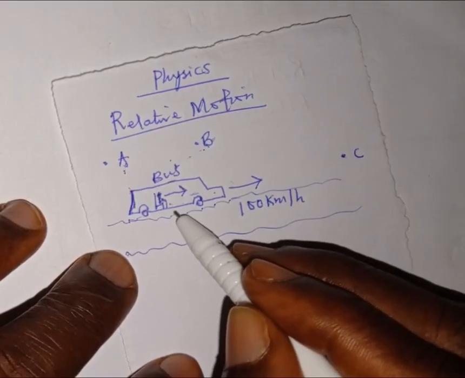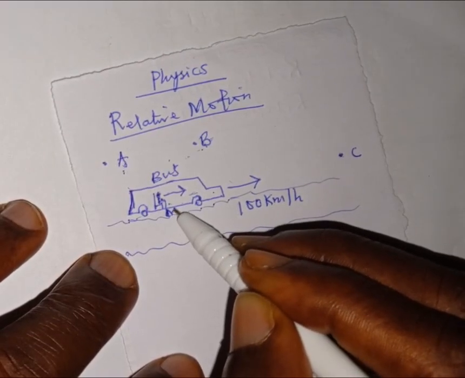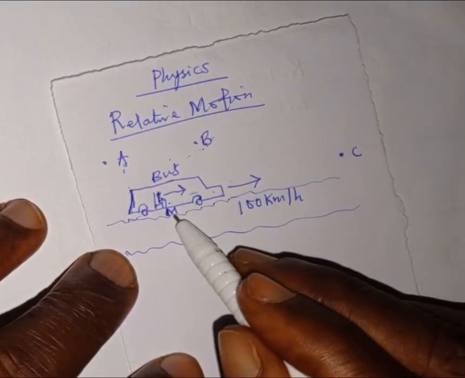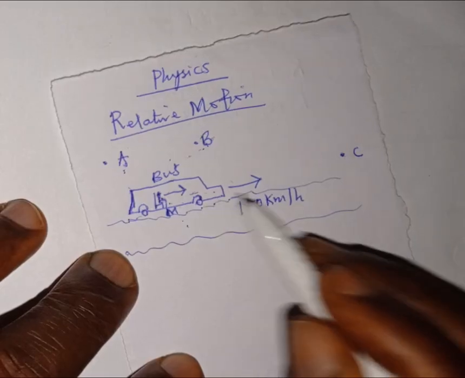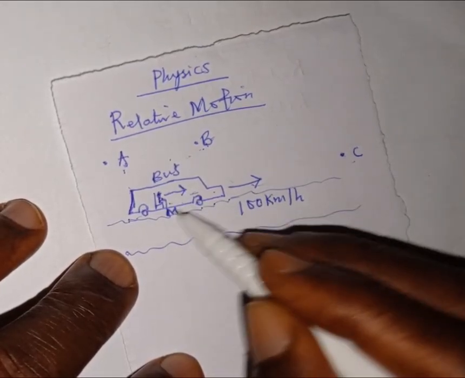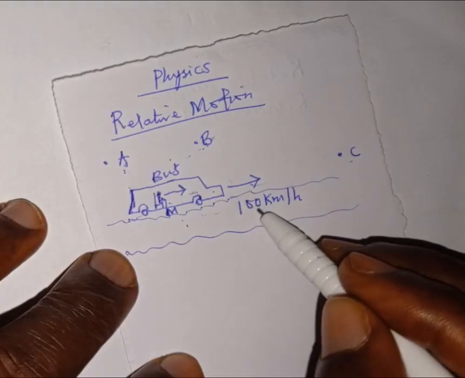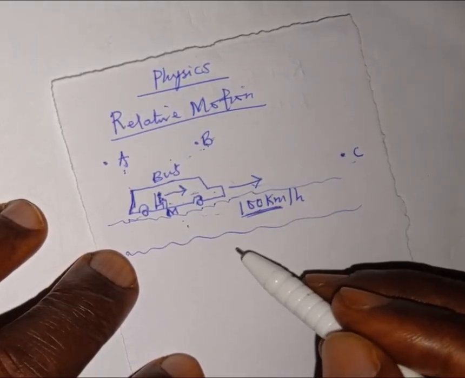Let's call this guy Mike. Mike is traveling to meet with the driver, and the bus is traveling to town C. All of them are moving at the same speed of 100 kilometers per hour.